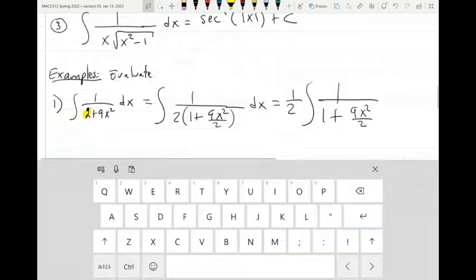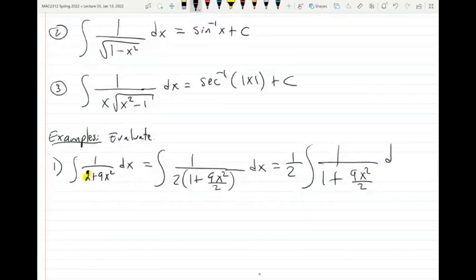Actually, if you want to copy it, I'm going to do a new line. Once you get practice with this, you can do several steps in one. Okay, do you understand this so far? So I have my 1 in the top, I have my 1 here, and my plus. All I need now is to work with this little fraction over here, and I would like this to be something squared. That's what I want, okay?